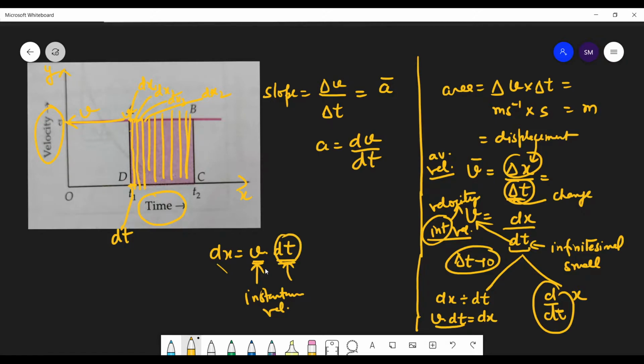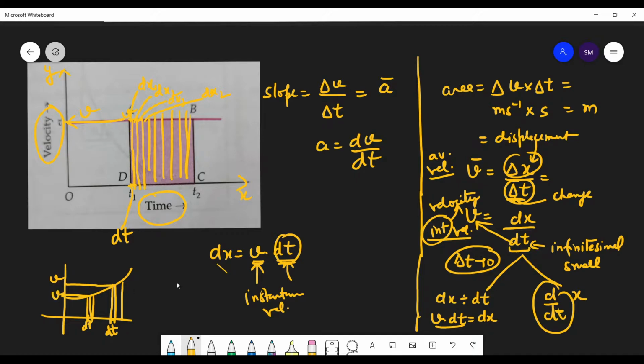Instantaneous velocity. Here it is constant in this case, but in some cases you can get a graph like this also. Here the velocity is changing, but for this particular time dt, is this velocity constant or not? And for this particular time t, dt, is this velocity constant or not?